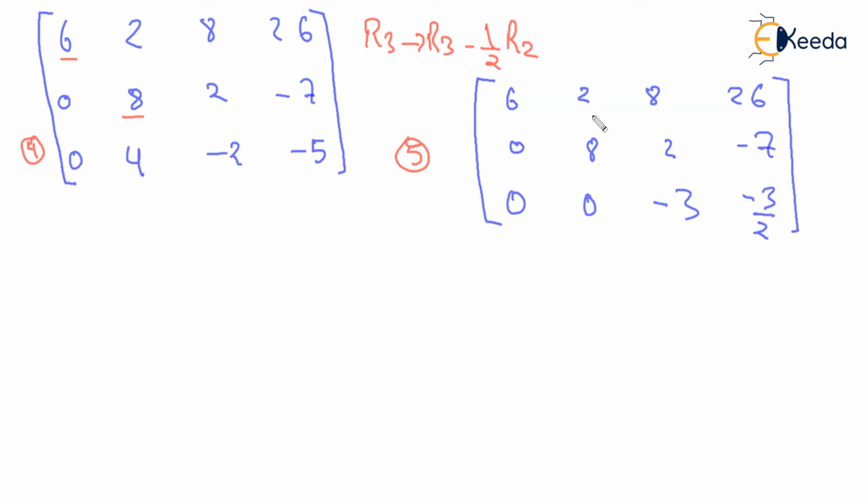Now we can see this is in triangular form with the pivots 6, 8 and -3. The other elements below the pivots are 0. Now we can apply back substitution.